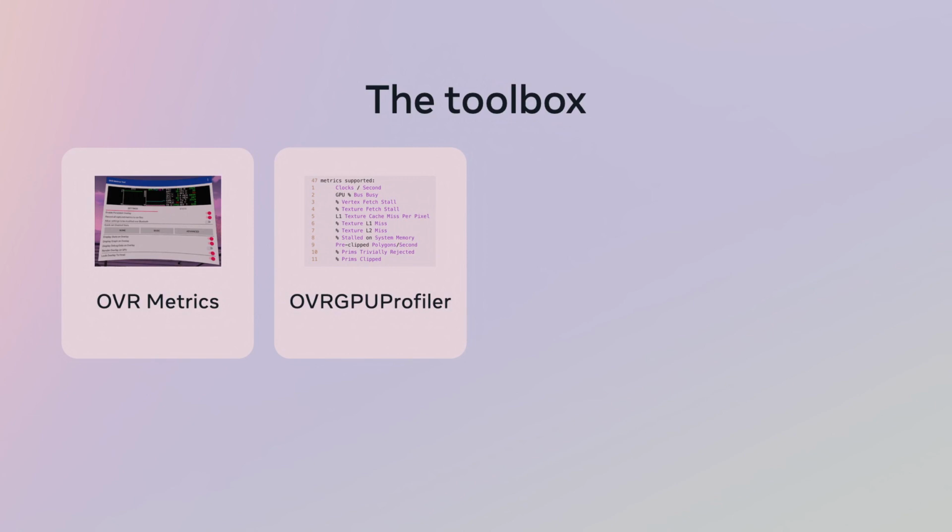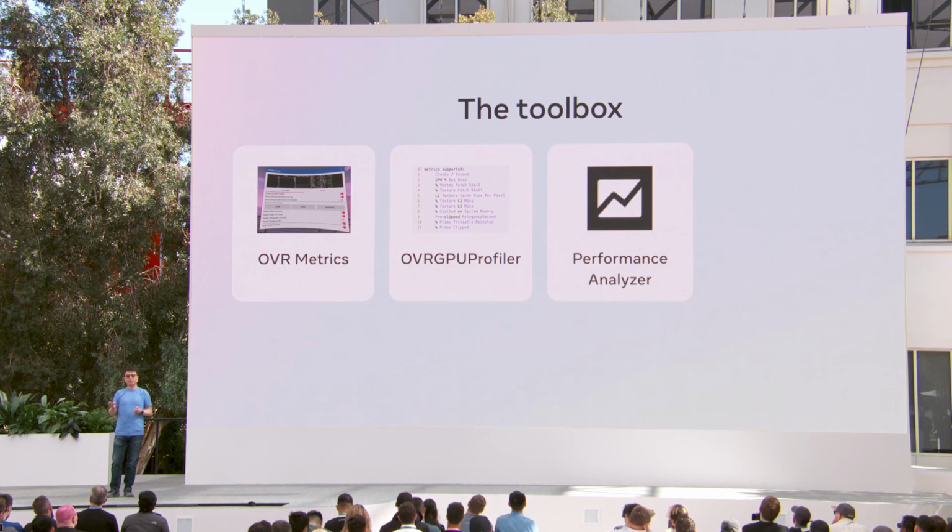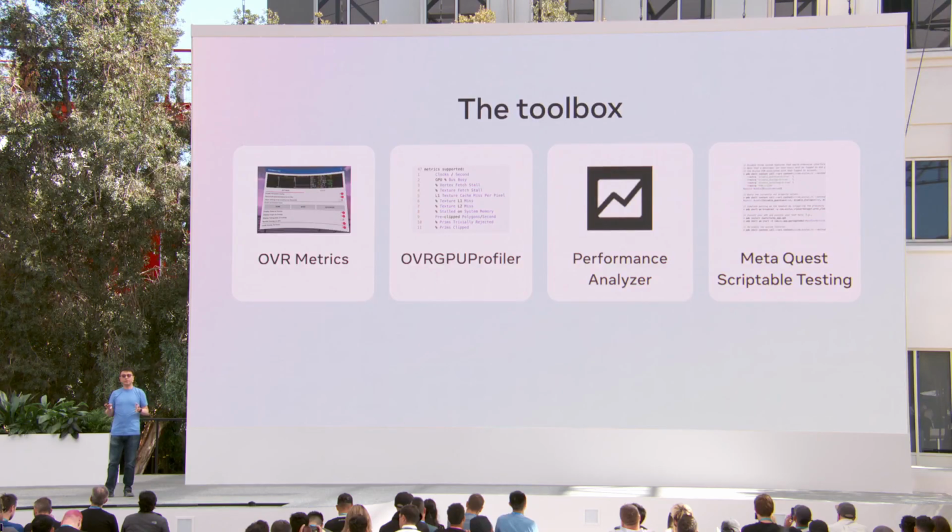OVR GPU Profiler can give you a lot of details about how your Quest GPU performs. Performance Analyzer is the one-stop solution you can find inside MQDH. Meta Quest scriptable testing allows you to set up your own automation workflow very easily.